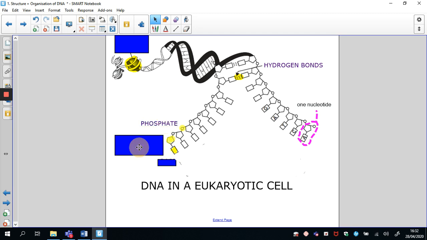The pentagon is a deoxyribose sugar, and this rectangle is a base. And this circular thing that the DNA is wound around is a histone. I put protein in brackets because histones are proteins, and often the question will say, what do you call the protein that the DNA is wound around?